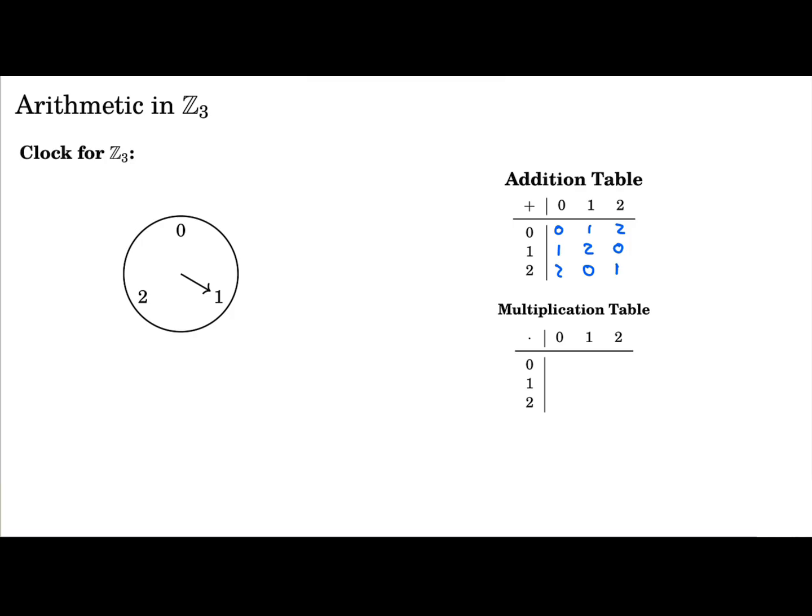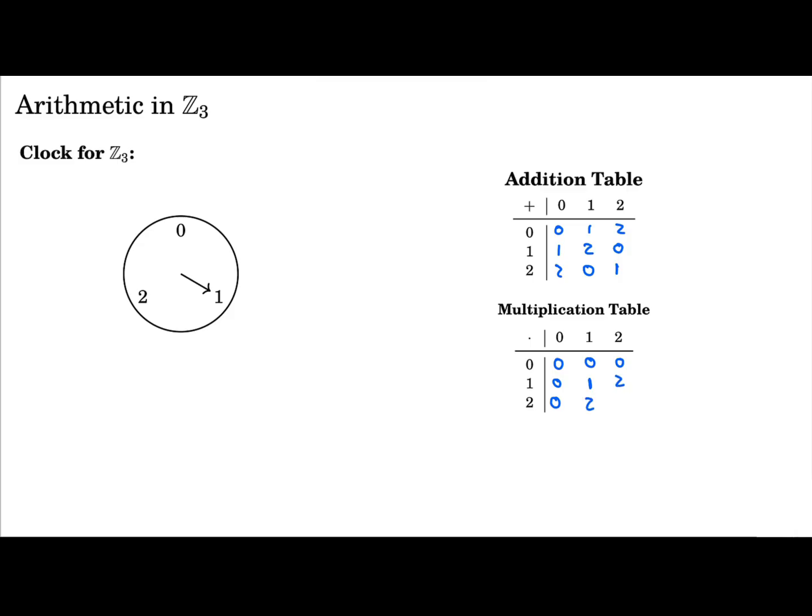But we're interested in the multiplication here. Will every element have an inverse? So 0 times anything is 0. 1 times 1 is 1, and so actually it will be an inverse of itself. 1 times 2 is 2. And will 2 have an inverse?